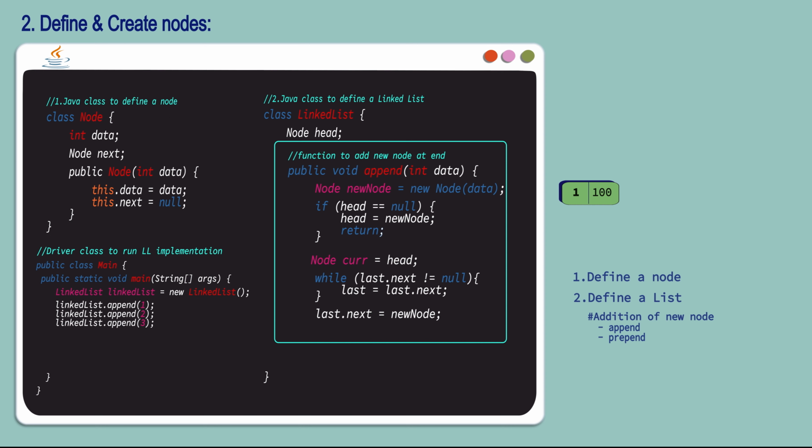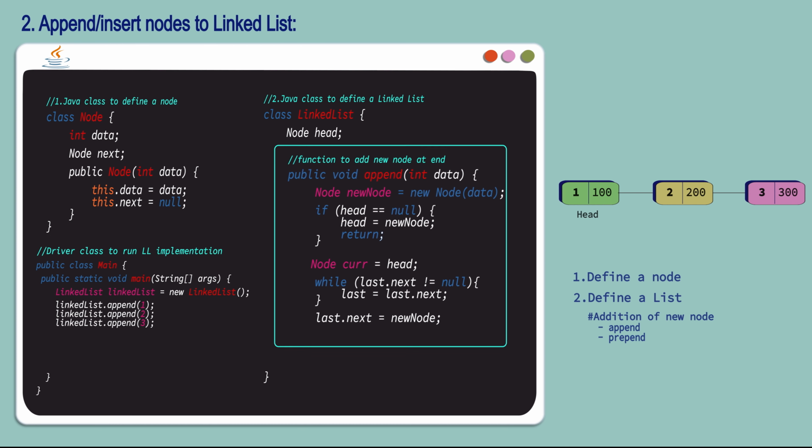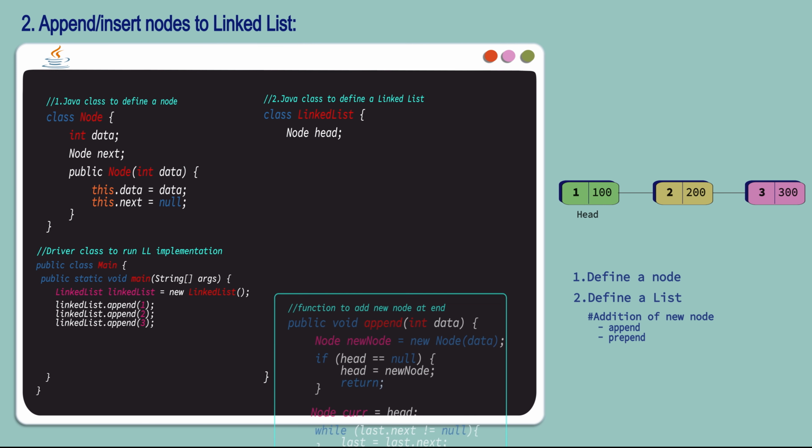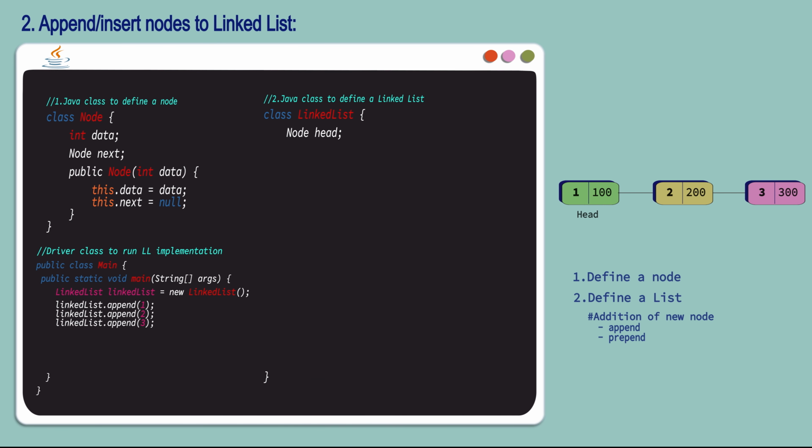Also you can see we are using the linked list object to call this append method. In the illustrated diagram you can also see how these nodes are created and linked to each other. These nodes have addresses 100, 200 and 300, and these addresses are linked. Now let's implement the prepend method which can insert the elements at the beginning.